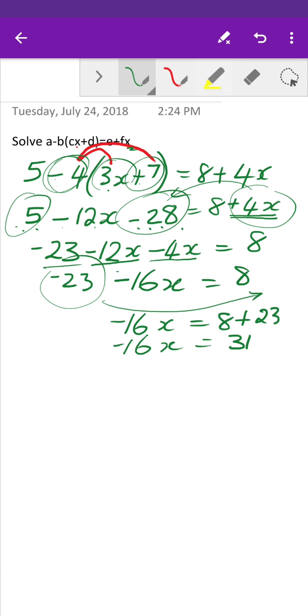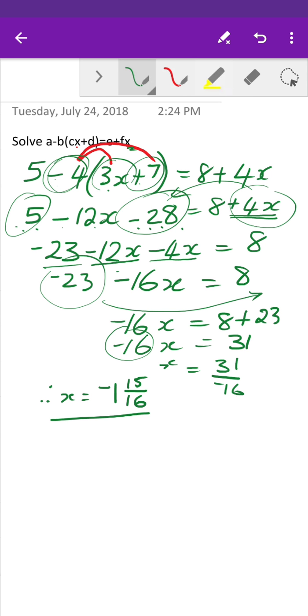Finally divide by negative 16, so we take that across to be divide by negative 16. We won't leave the negative on the underneath. We say therefore x equals almost negative 2. It's negative 1 and 15 sixteenths, because 16 goes into 31 once, remainder 15. And there we have the solution.